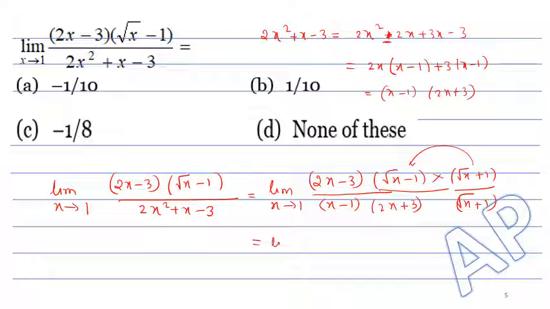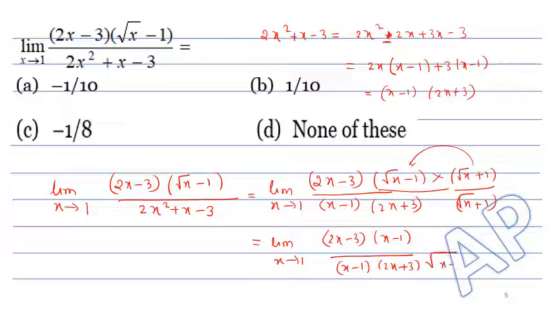So I have limit as x tends to 1 of (2x minus 3)(x minus 1), since (a minus b)(a plus b) is a square minus b square, and in the denominator (x minus 1)(2x plus 3)(root x plus 1). Here I have the square root for only x, that is root x plus 1. x minus 1 is eliminated.